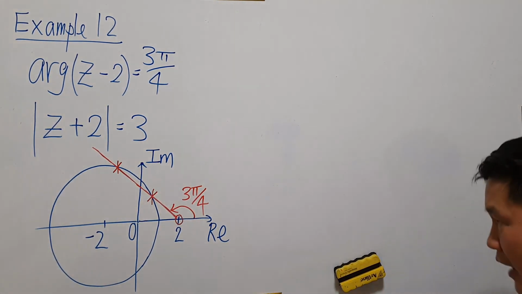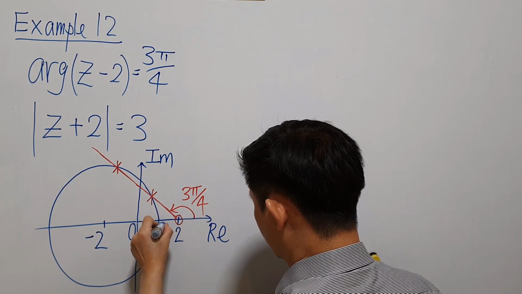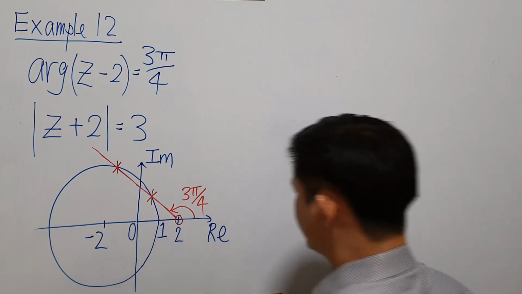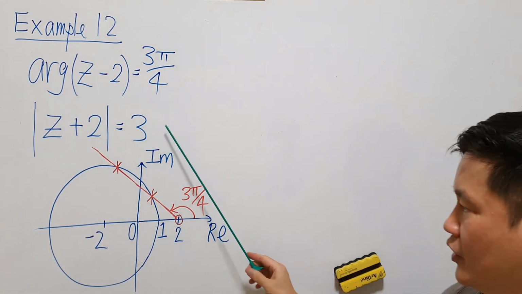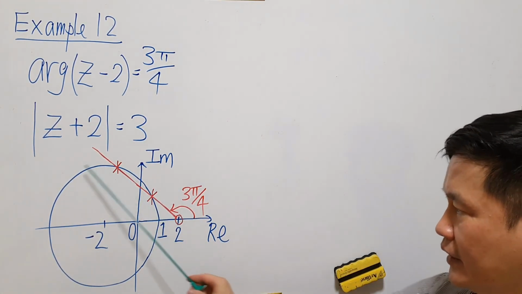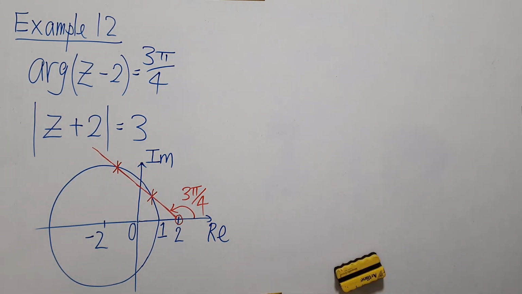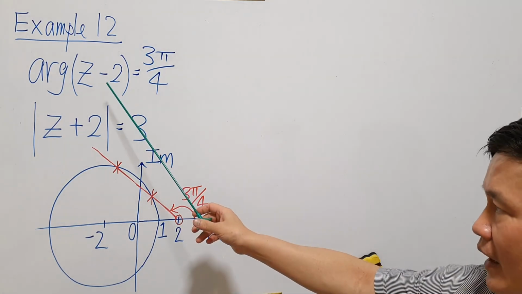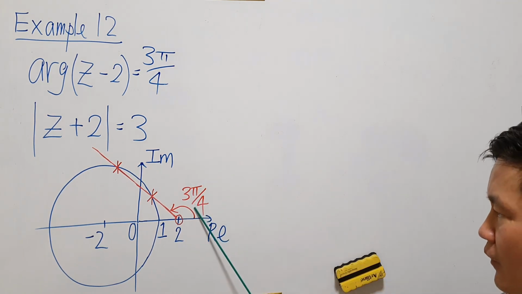So maybe I will want to put this down as 3 to show that the radius is 3. So in this first condition, you have a circle centered at -2 and the radius is 3. For the other one, this represents a half line starting from 2, making an angle of 3 pi over 4.